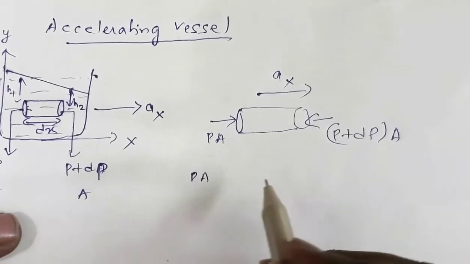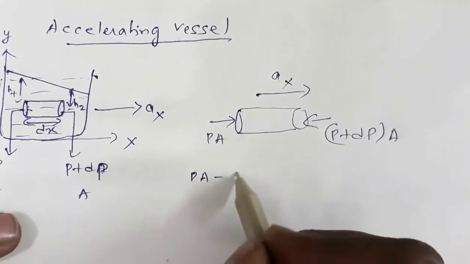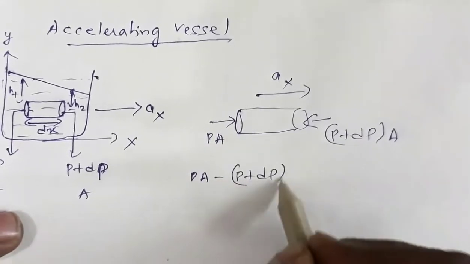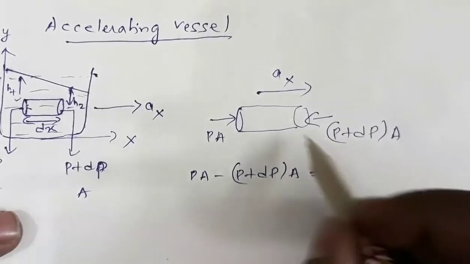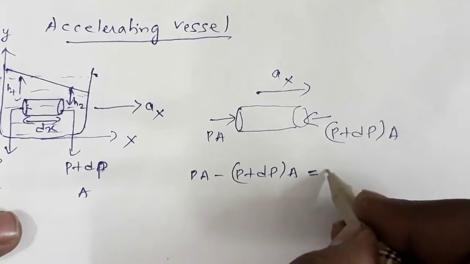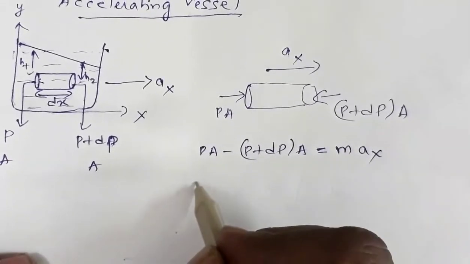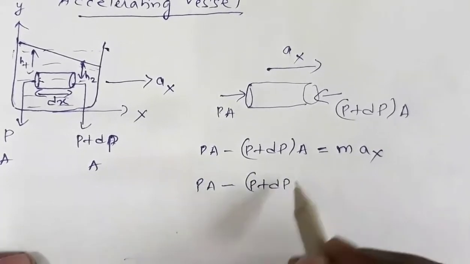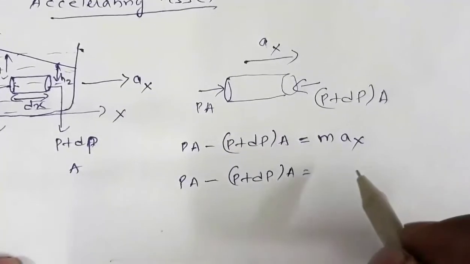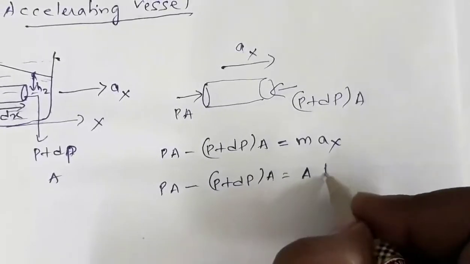That means net force, how much is the net force? PA, force on this part, minus (P plus dP) into A, force in this direction, is equal to mass into acceleration, m into ax. So PA minus (P plus dP) A is equal to mass. Mass is volume into density. Volume is area into length of this cylinder, dx.